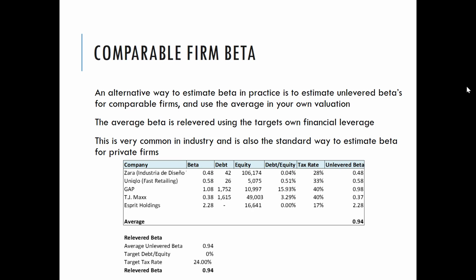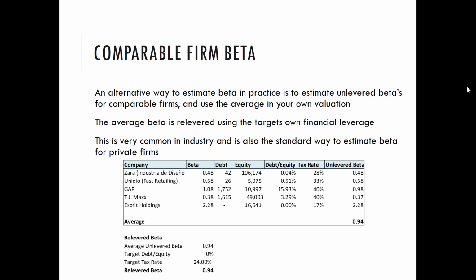So the more debt you take on, the higher your observed beta, or your regression beta, will be. So again, what we do is we unlever all of these betas for all these 5 firms, taking into account the capital structure and the tax rate of the countries, figuring out what the unlevered betas are, look at the average, and that gives us the average beta of the clothing retail industry for comparable firms.